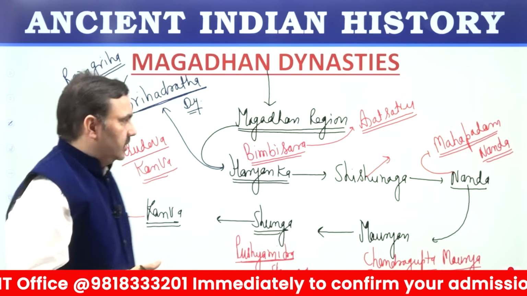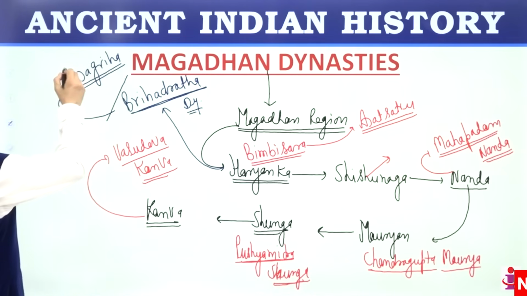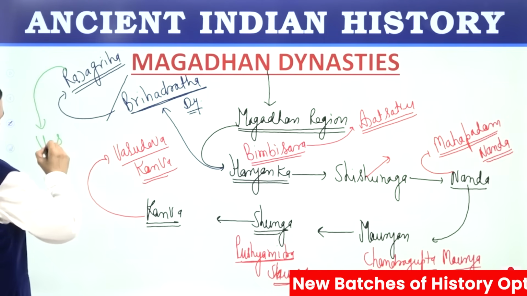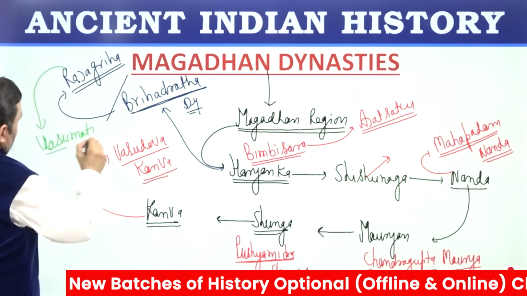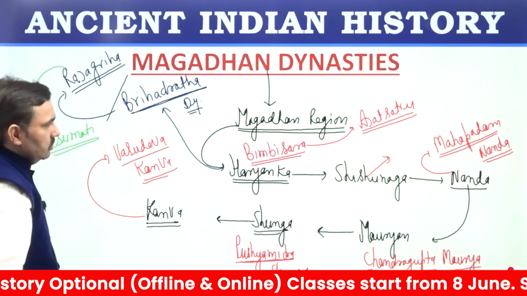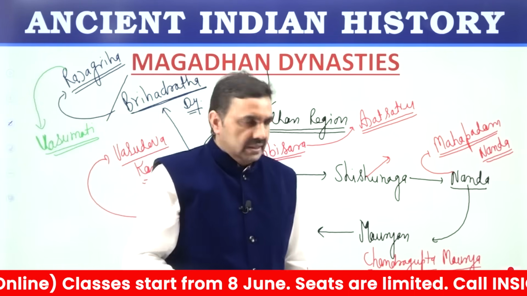This Rajagraha or Rajgir was also known as Vasumati, because it was established by King Vasu. So Vasumati Rajagraha was the early capital of Magadha.